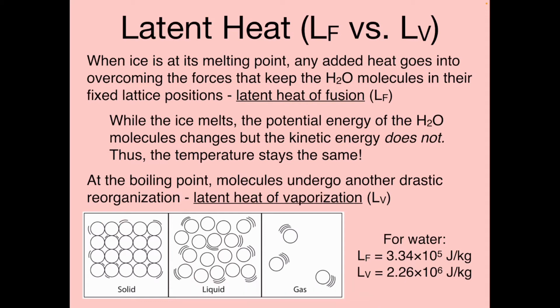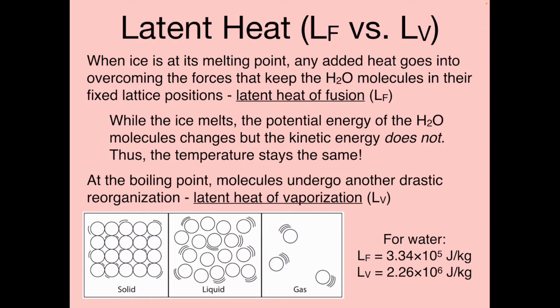So, as we're undergoing this phase change, the temperature stays the same because the kinetic energy of those molecules stays the same. It's the potential energy that's changing as we break these bonds. And so the energy that we have to add to this solid ice in order to make it undergo the phase change, in order to break those bonds, is what we call the latent heat of fusion. So it's the latent heat of fusion when we're going from solid to liquid.